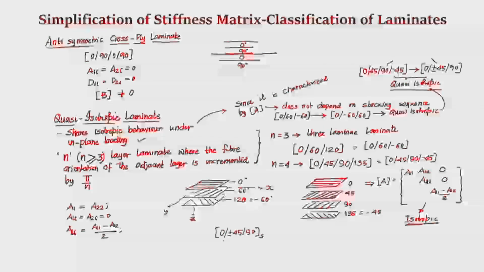Now, what is the importance of this laminate? If you look at its stacking sequence, we have 0, plus minus 45, 90. The 0 and 90 provide stiffness in the longitudinal and transverse directions, and the plus minus 45 provides the shear stiffness. Therefore, we have a laminate with longitudinal, transverse and shear stiffness, and at the same time, under in plane loading, it behaves isotropically. This is the characteristic of a quasi-isotropic laminate.